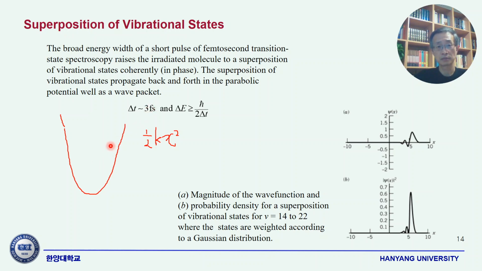Then the resultant state is represented by the superposition of the wave packets from the 14 to 22 vibrational states. Okay, this is a snapshot of the total wave function, the superposition of those 14 to 22 wave functions, and then the probability is the absolute value squared, which is here.